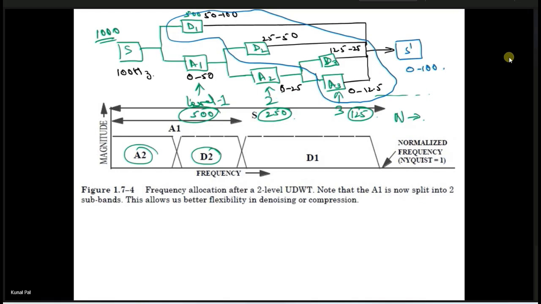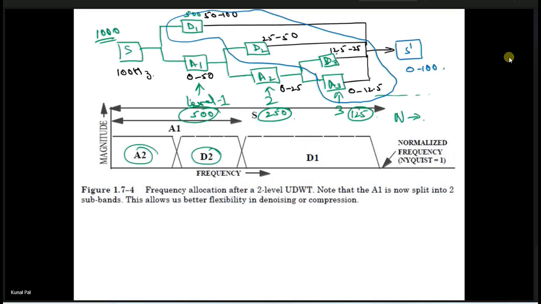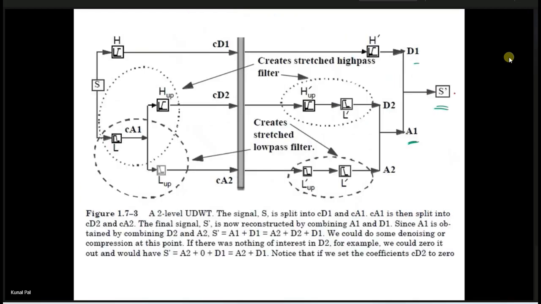Suppose your noise is in the level of D3, 12.5 to 25. During the reconstruction, you do not use this. So you will have 0 to 100 frequency components; however, over here the 12.5 to 25 hertz components will be missing. And when we do the reconstruction, we don't directly do it like this. Just for the sake of understanding I told you, but you will have to apply these reconstruction filters. Okay.